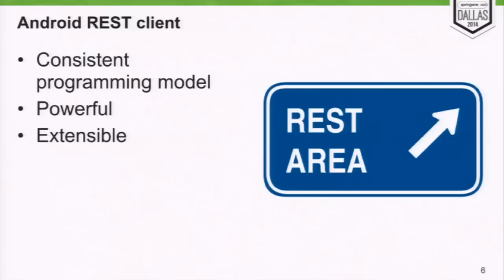But more than that, what we realized is we have all these amazing services on the server built on things like Spring MVC. Spring Data REST is an extension of Spring MVC. So we have all these things on the server side, and we wanted to provide a nice way to consume those on the client side. And so it just made a lot of sense to go with this project and move forward with that.